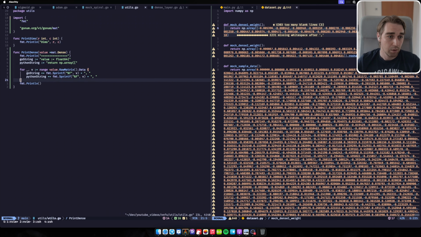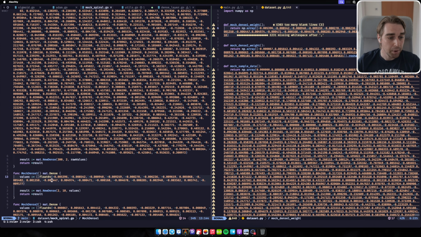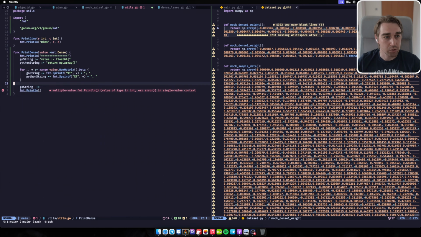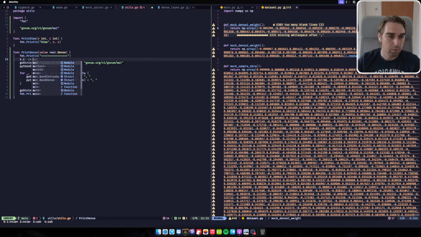Right. What we do in the end, for the Go string, we append the closing one, and then we can generate this part too, actually. We can take the R and C from the value dims.